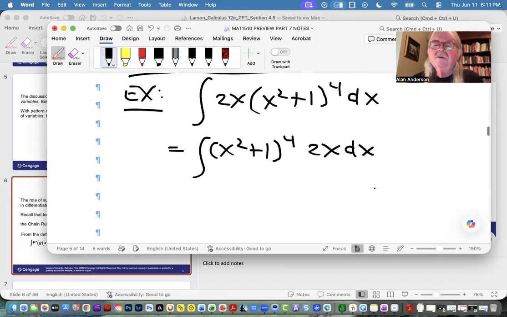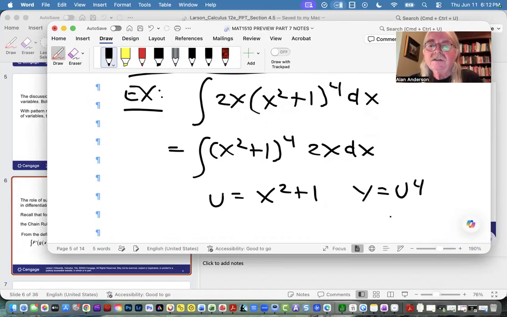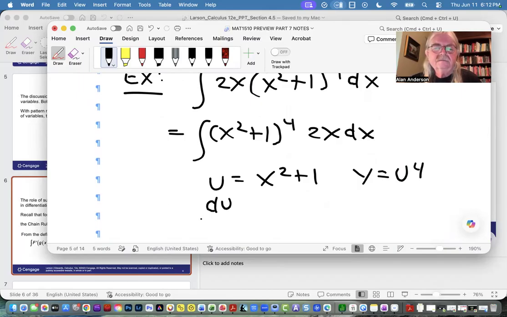I'm going to assume that you feel the way I do, that you're more comfortable with u substitution. So if we all agree on that, then let u equal x squared plus 1. That means y is u to the fourth. Now here we have du dx is 2x, which means that du is 2x dx.